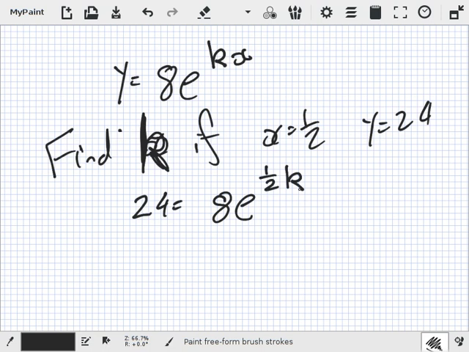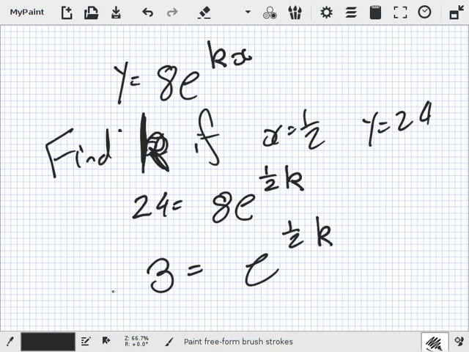Are we all happy with that? Okay. Now, what should I do next? Before that, actually, there's something before that. Divide by 8. So 24 divided by 8 is 3. And 8 divided by 8 is 1. Okay, now what's next?